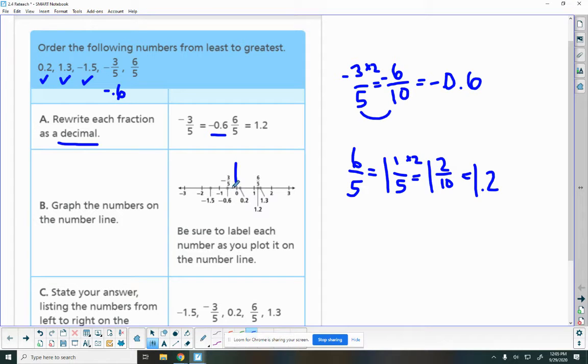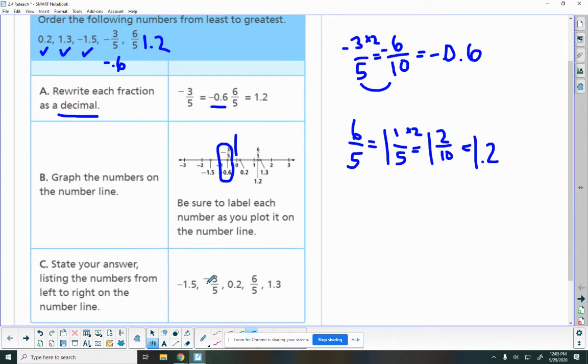So I love how on this number line, they matched those up. They wrote the fraction and the decimal, so we can remember those are the same thing. And then 6/5 was 1.2, so over 1 whole unit and 2 more. So now I can see those, and they put 6/5 and 1.2 together.